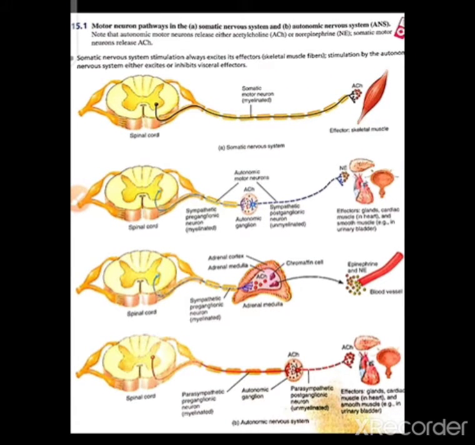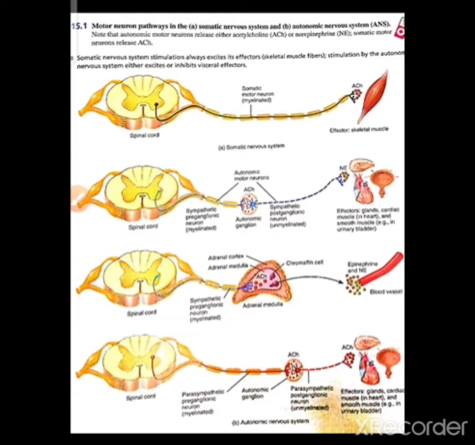Somatic nervous system stimulation always excites the effectors, that's why they release only acetylcholine. They bring about excitement in the movement of the muscles, while the autonomic nervous system can both excite and inhibit.